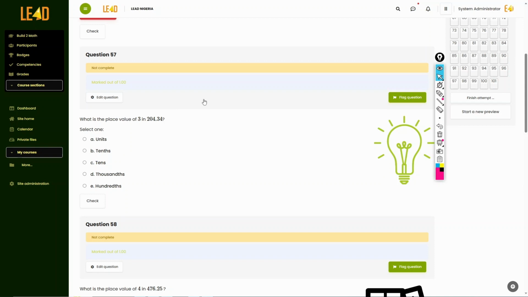What's the place value of 3 in 204.34? So we are going to be considering the decimal place value because that's where we have 3. So this is decimal. And then on this other side is whole. On the left side is where we have the whole number places, right?